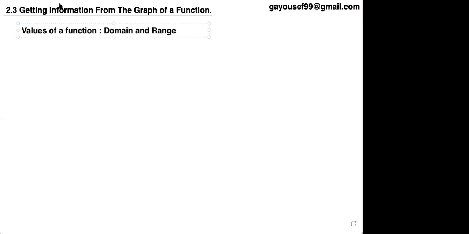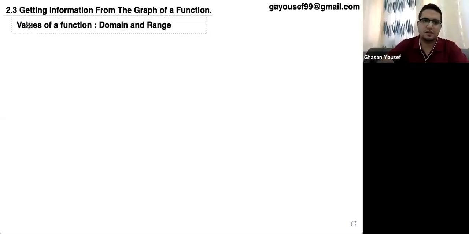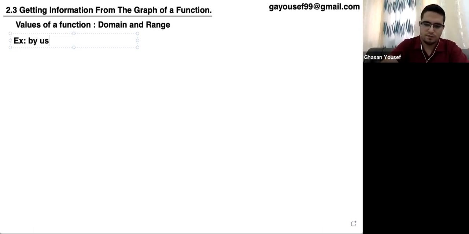Domain and range. We're starting this section by giving an example using the graph.